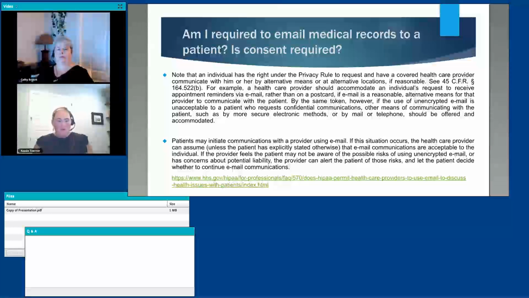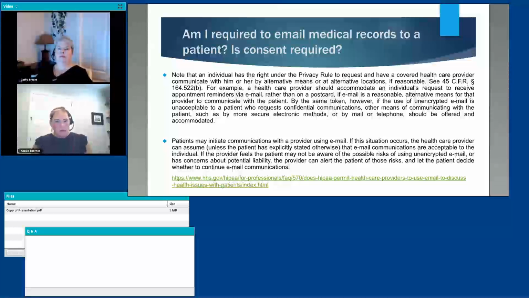The one thing that we really highlight is to allow the patient to initiate this process. This is what we've understood from the OCR, the Office of Civil Rights, is the way to go about it, rather than having an intake form that has their email on and they just sign off and they're not really sure what they're consenting to. Let them initiate this conversation about email and how they would like that to be used.